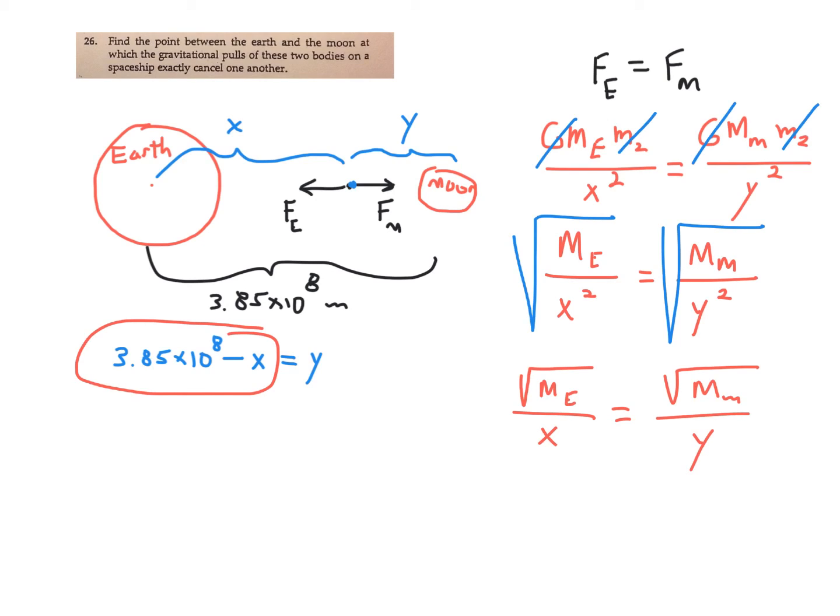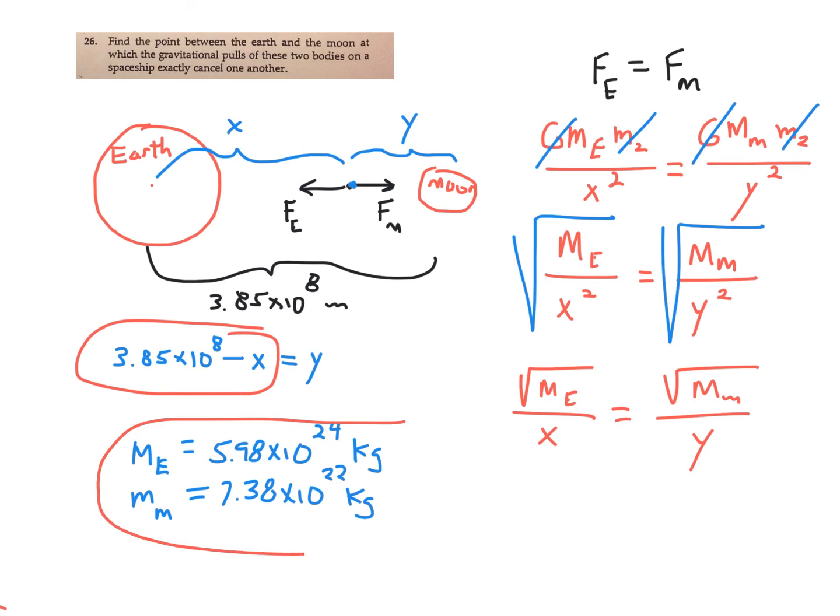All right, so let me pause for a second and write down my data. Okay, so there's my data. Basically, everything over here in the red circles, I'm going to be plugging in. I know the mass of the Earth and the mass of the Moon, so those are going to be plugged into the numerators. And I'm going to take this 3.85, crisscross here, and plug that in for y.